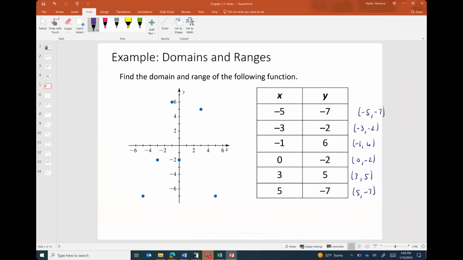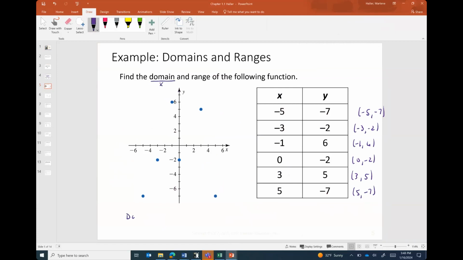So we said that the inputs to a function, a lot of times those are referred to as the x value, or the x coordinate in an ordered pair. The set of possible inputs to that function would be the domain. So that's why it's going to refer to the x's.